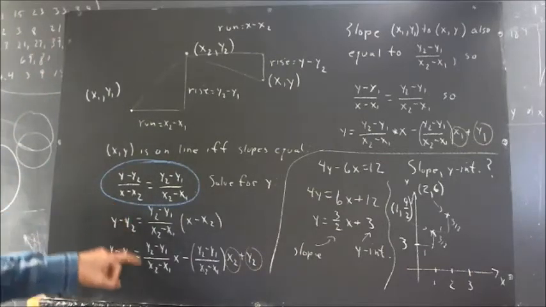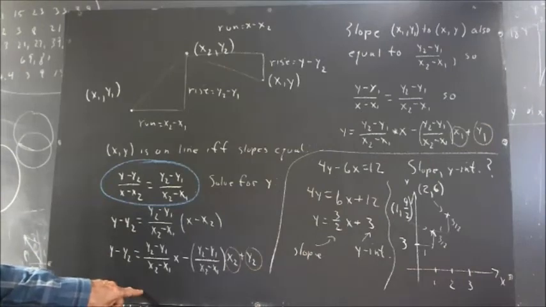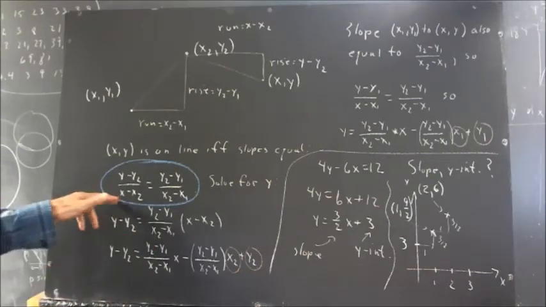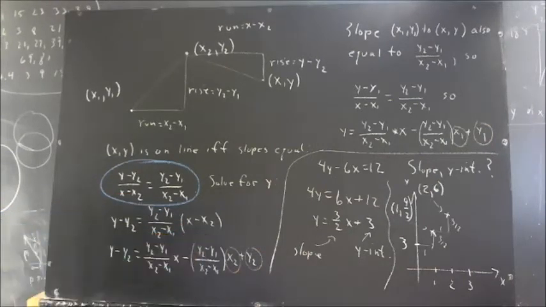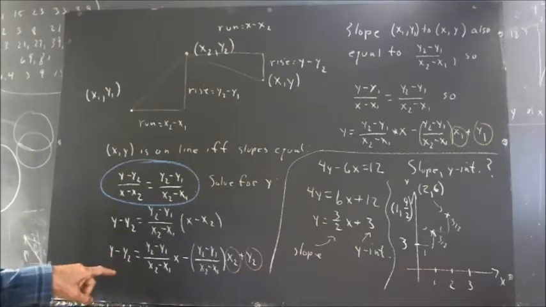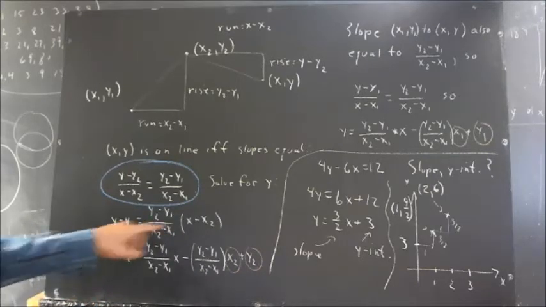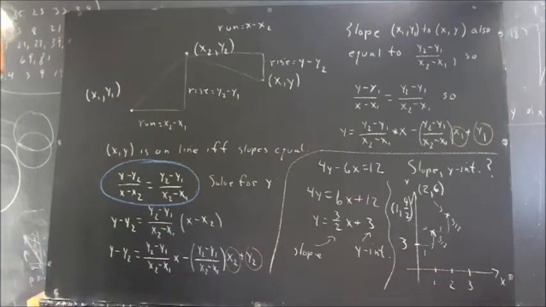We usually wouldn't solve this equation symbolically, but I've gone ahead and done that. Multiplying through by x minus x2, then distributing here, and then adding y2 to both sides.